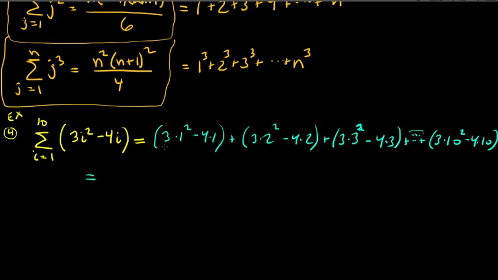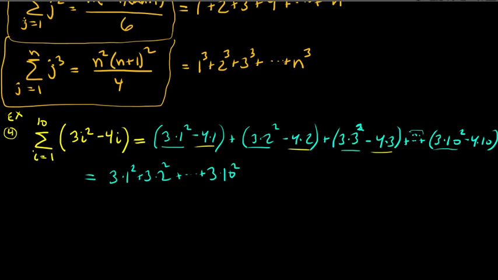So, of course, you can add these numbers first. So that's just going to be 3 times 1 squared plus 3 times 2 squared plus 3 times 3 squared, up to 3 times 10 squared. And then you can also subtract all these numbers.